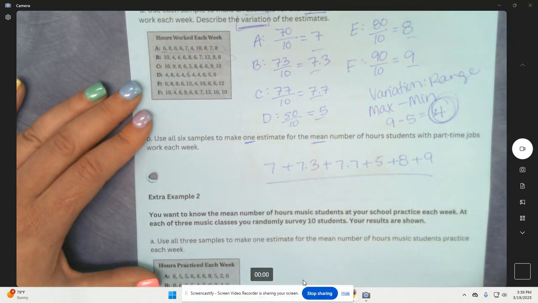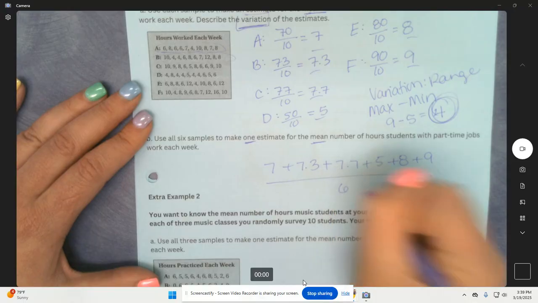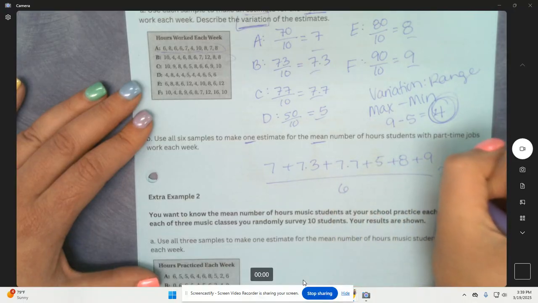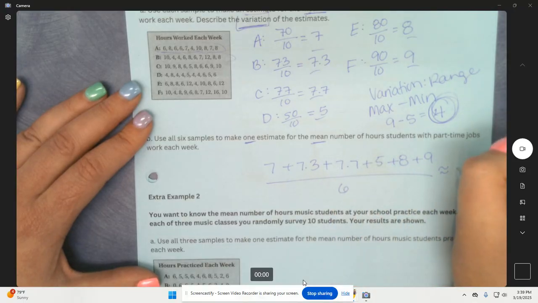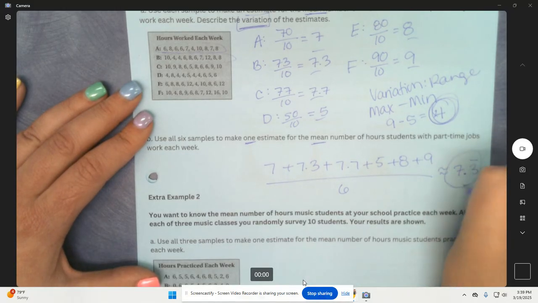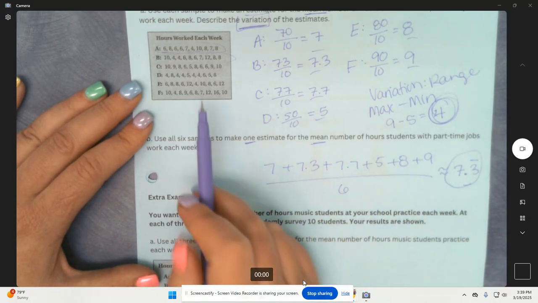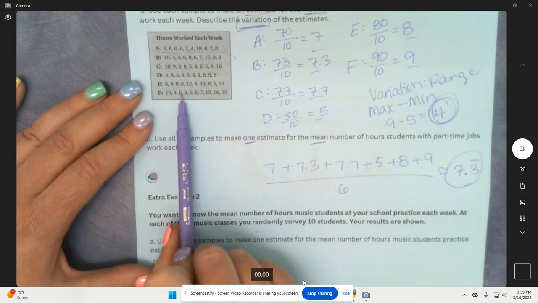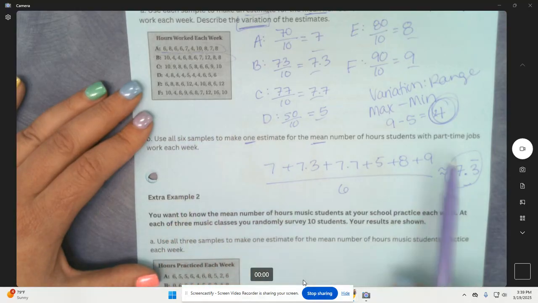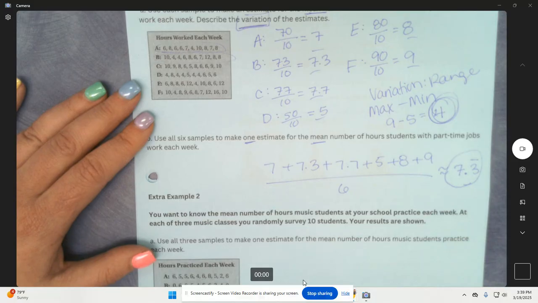And because we're finding the mean of the means, we're going to divide by how many means we have, which is 6. That ends up giving me a decimal of 7.333 repeated, so we're just going to round it to 7.3. So we could say the population of part-time workers works about 7.3 hours.